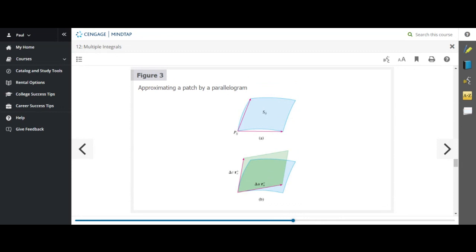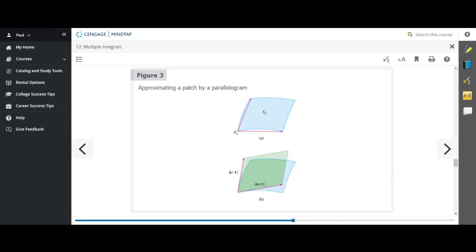Let me just make sure I have that section right. Yeah, surface area. So the parallelogram approximates the patch, right? The patch is not a perfect parallelogram, and the patch has a hump on it, perhaps.